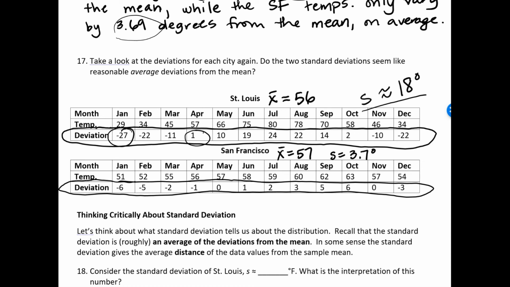Right? So do these numbers make sense here? 18 as the average of these values and 3 point something as the average of these values. So do the two standard deviations seem like reasonable average deviations from the mean?